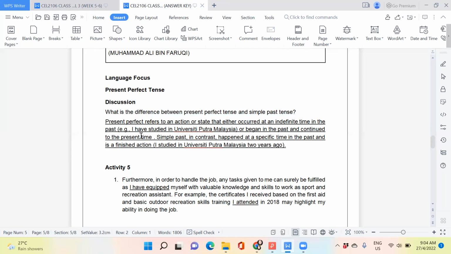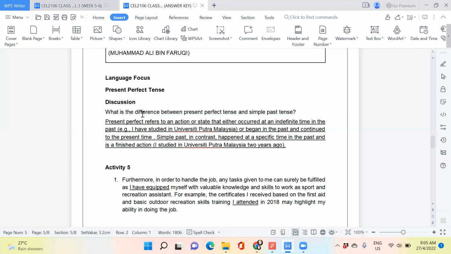I'm telling you that I enrolled at University Putra Malaysia some time ago, but I didn't mention which year. Maybe it could be 2017, it could be 2018. What I'm trying to say is that when I use present perfect tense, I mean that this is something that happened in the past but is still continuing to the present time, still valid today. That means I am still a student at University Putra Malaysia.